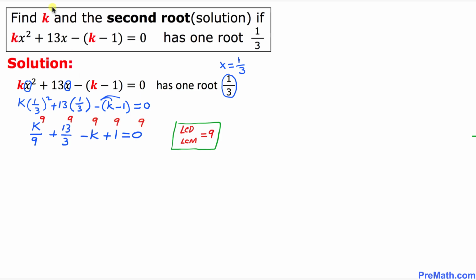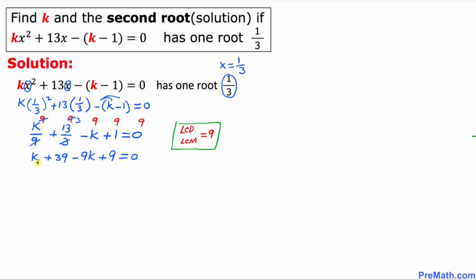When we multiply, 9 and 9 is gone, so we simply get k plus, 3 goes into 9, 3 times 13 is 39, and this becomes negative 9k, and this becomes plus 9 equals 0 times 9 is 0.